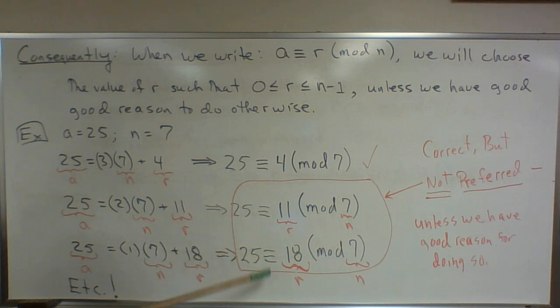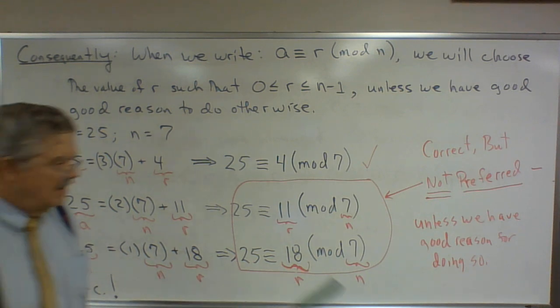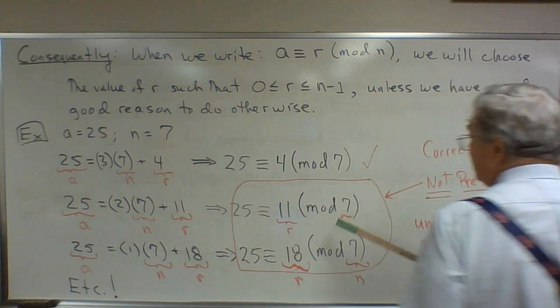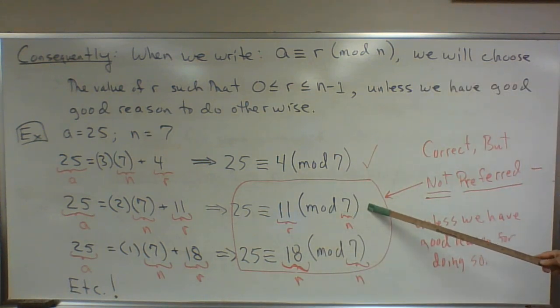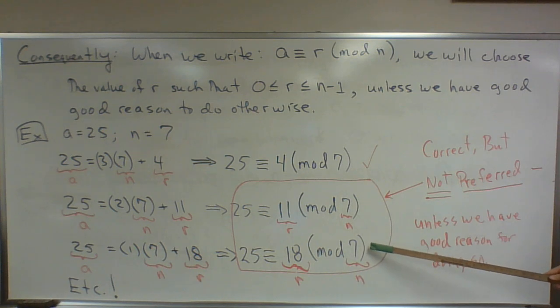Now these statements are correct, but we don't typically write it in these forms because typically we don't want the remainder to be greater than the divisor. This statement is correct, but it ain't kosher. This statement is correct, but it ain't kosher.